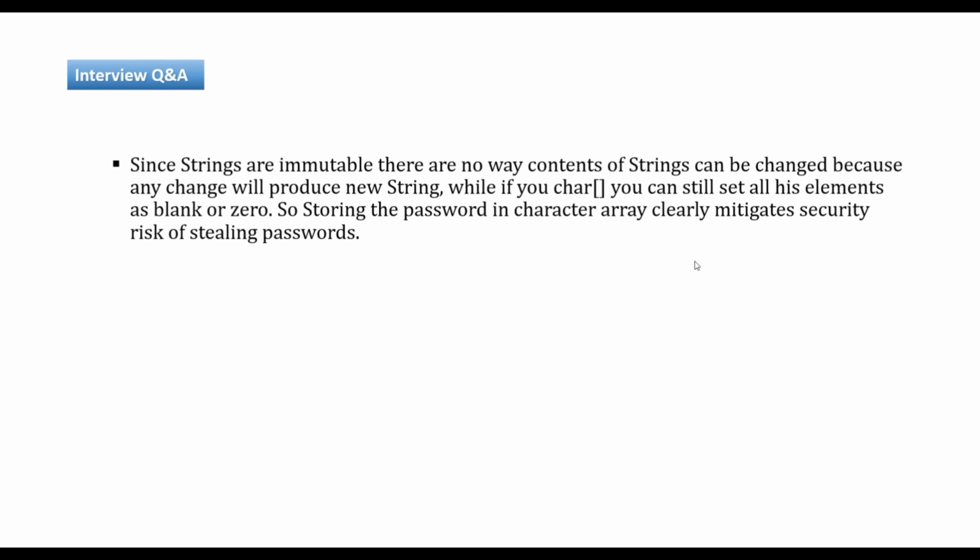And next, since strings are immutable, there is no way the contents of a string can be changed, because any change will produce a new string. Let's say I define the password ABC, and in future I want to make it ABCDEF. If I append, then again it will create a new string object, which is not an efficient way to use strings. Unnecessarily, it will occupy some memory in your heap area.